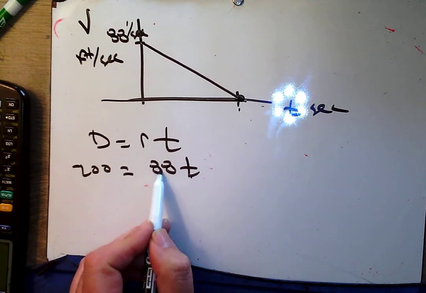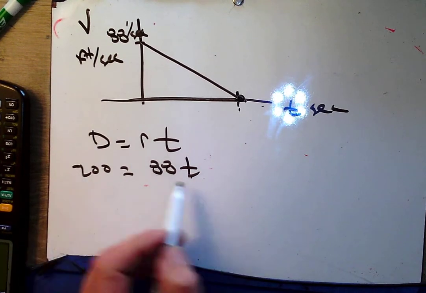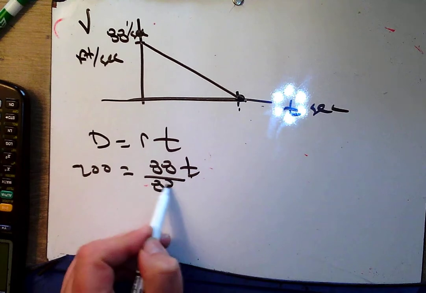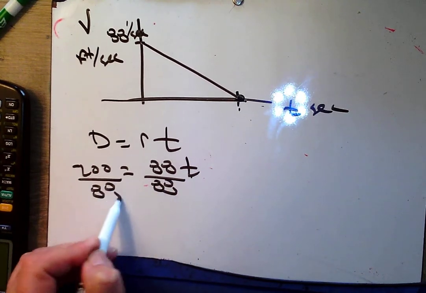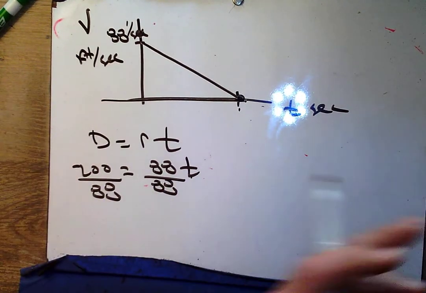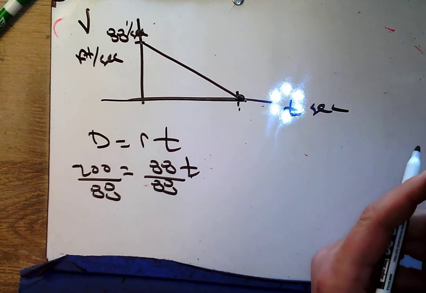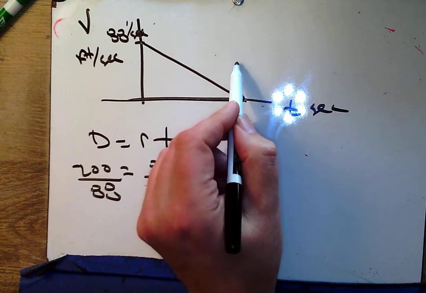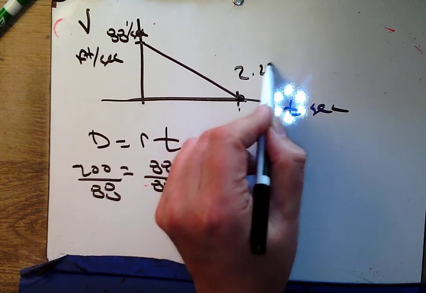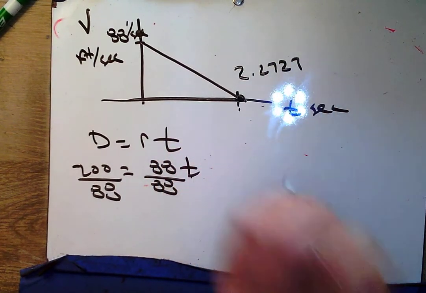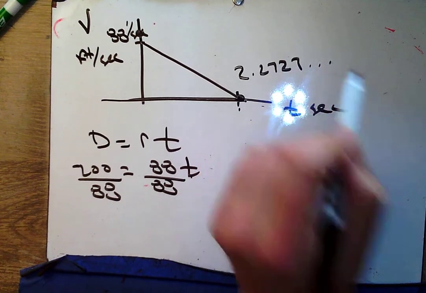The seconds cancel on the feet. Okay, so let's divide both sides by 88. 200 divided by 88. And we get 2.2727, and so on.